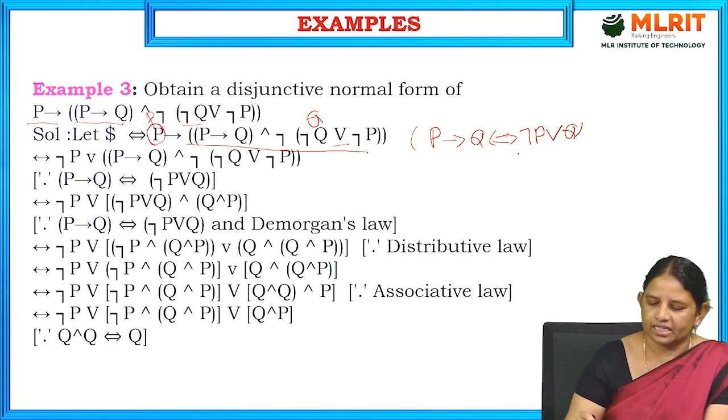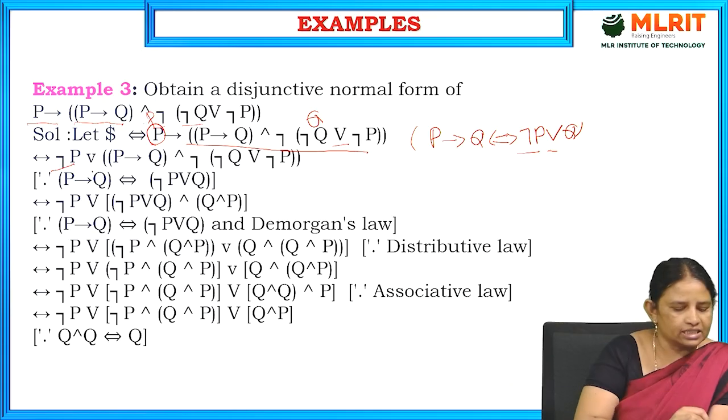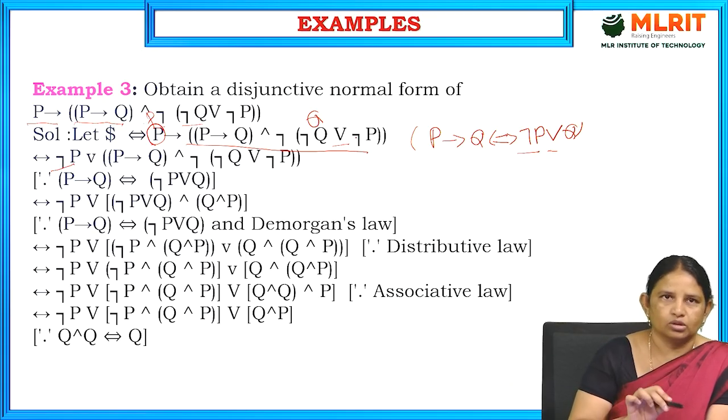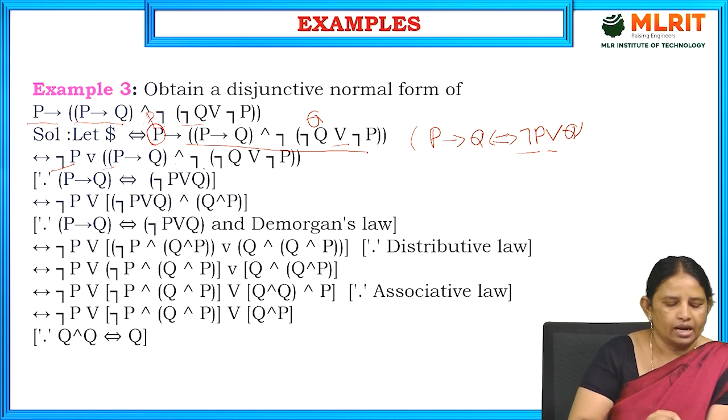P only, that is written as negation P or, what is there in the place of Q? Write the entire statement. There are two parentheses, so be careful about the parentheses. Next, two parentheses: P implies Q and negation of negation Q or negation P.